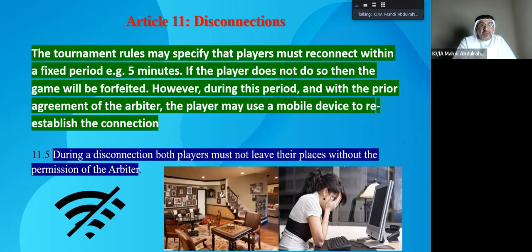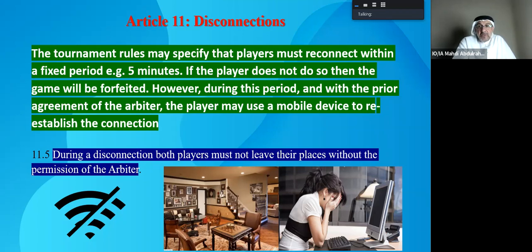The tournament rules may specify that players must reconnect within a fixed period, maybe within 5 minutes or 3 minutes, you have to fix it and reconnect. If not, he loses. If the player does not do so, then the game will be forfeited.